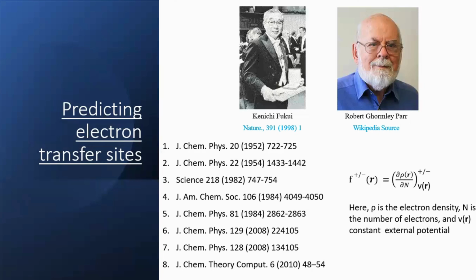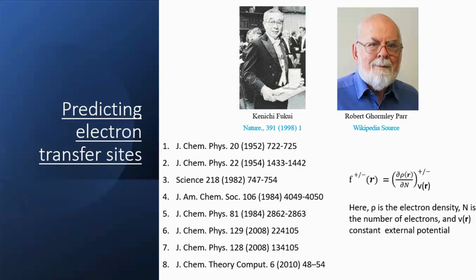Plus is the addition of an electron. That means if I add an electron, I will know how the electron density cloud around a molecule will change. Minus means if I remove an electron, how the electron density cloud changes. So this is the Fukui function.